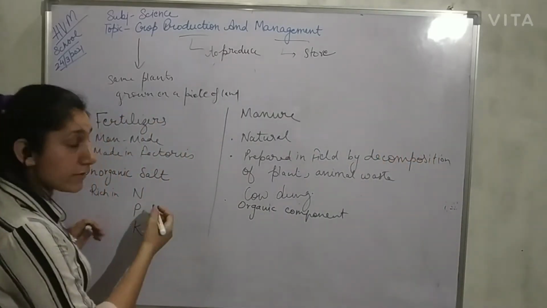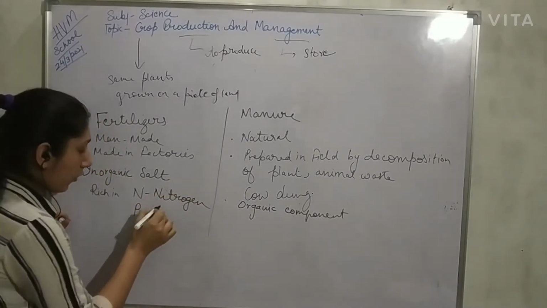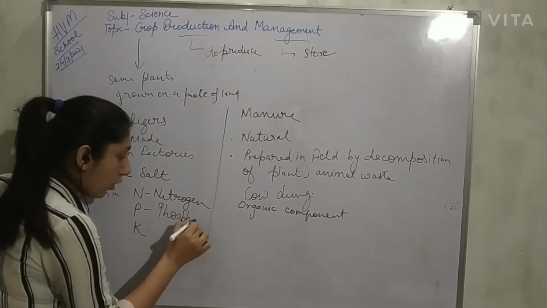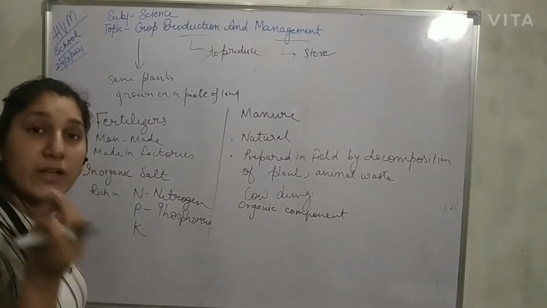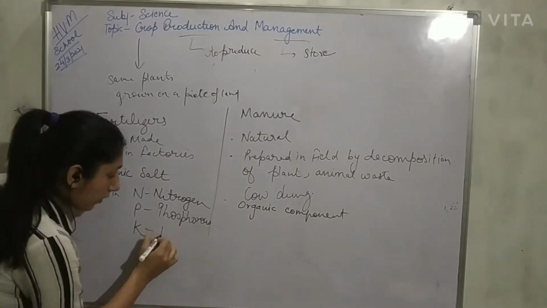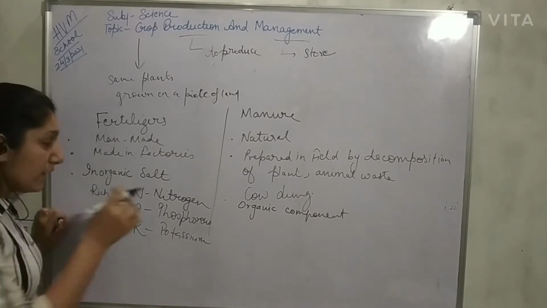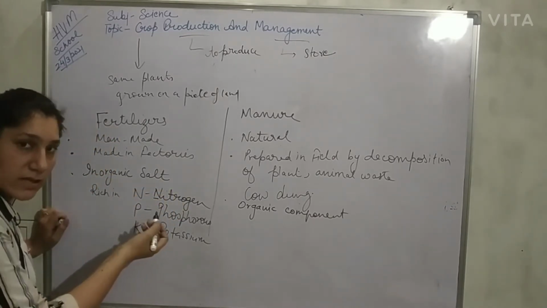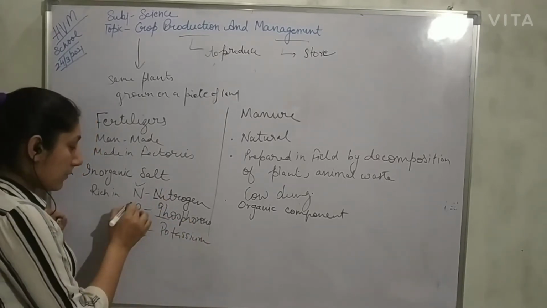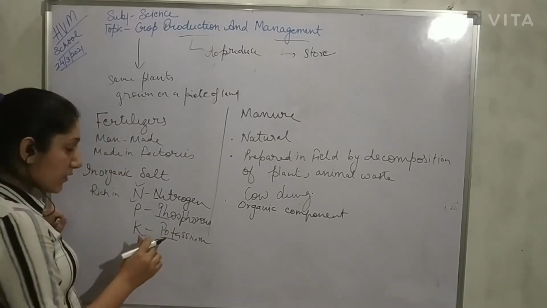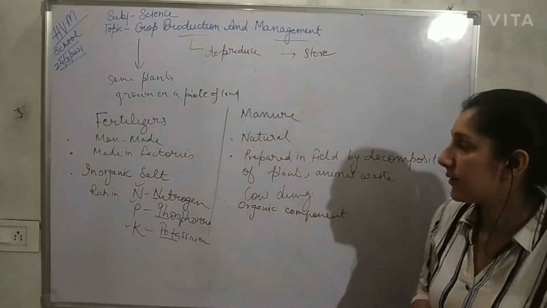So here N stands for nitrogen, P stands for phosphorus, and K stands for potassium. You can see that nitrogen starts with N and the symbol is N. Phosphorus starts with P and the symbol is P. But potassium starts with P but the symbol is K. So this you need to remember even for your higher studies.